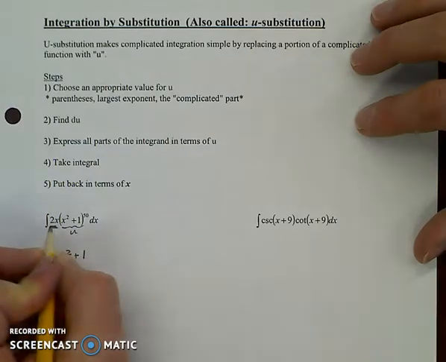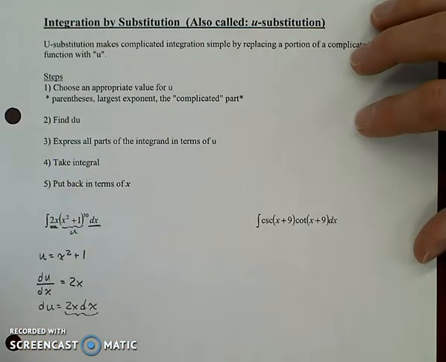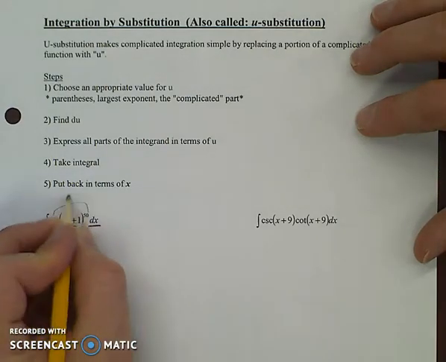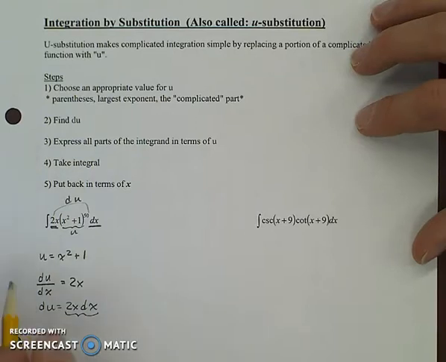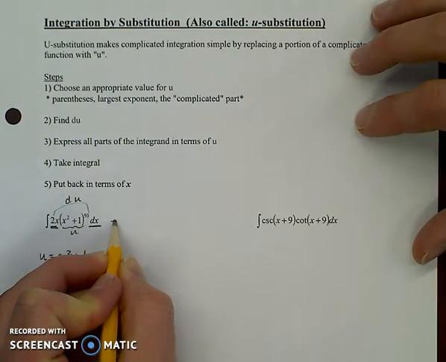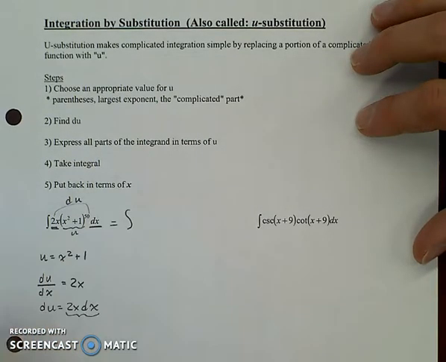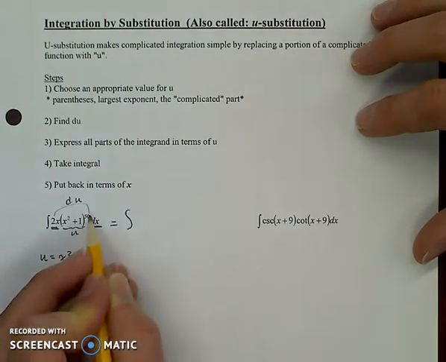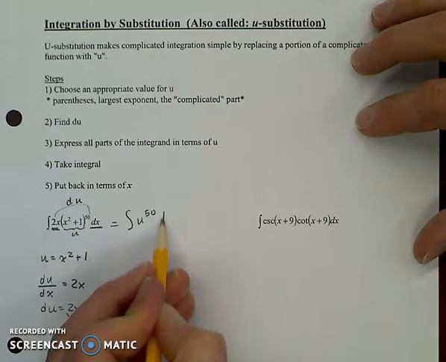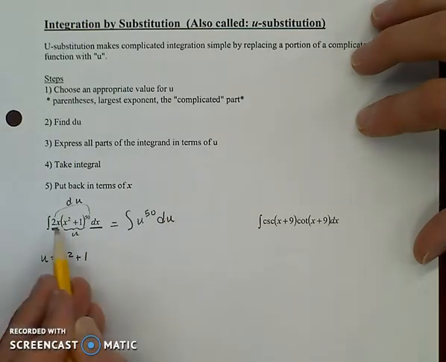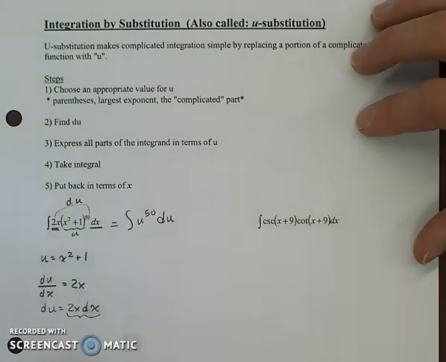Look what we have up here, 2x and dx. That is our du. We just did step 1 and step 2, and now we're doing step 3. I could go back here and say this is the integral of u to the 50th du, because the 2x dx is right here, and that was du.